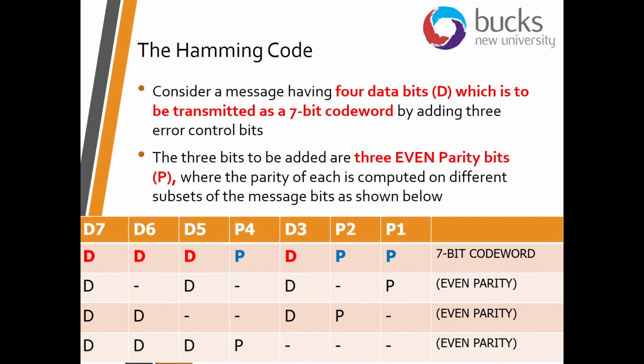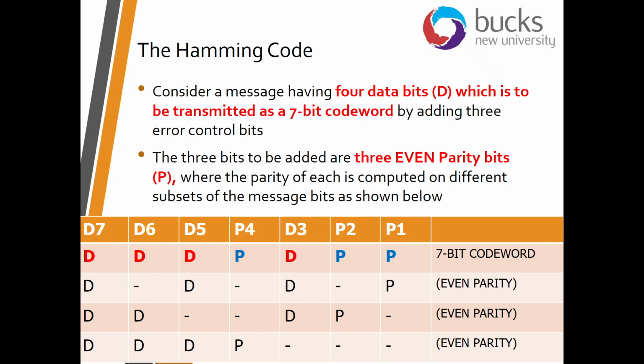So if we consider a message having 4 data bits, which is to be transmitted as a 7-bit code word by adding the 3 error control bits. So the 3 bits to be added are 3 even parity bits, P bits as I'm labeling them here, where the parity of each is computed on different subsets of the message bits as shown in this table below.